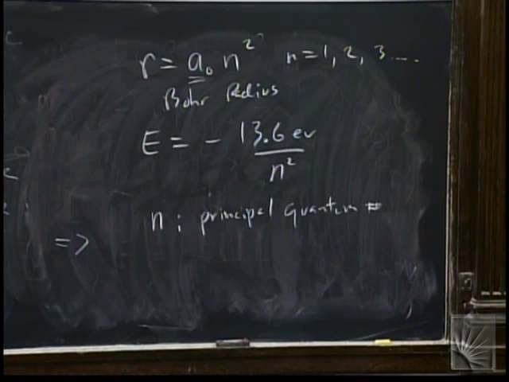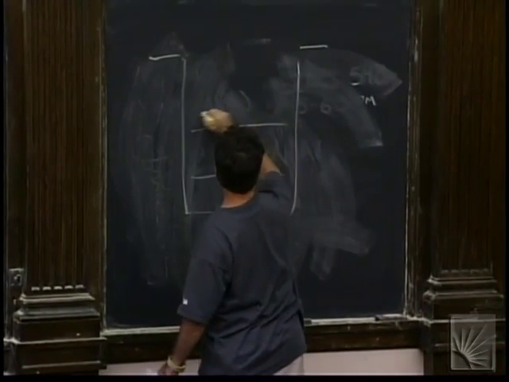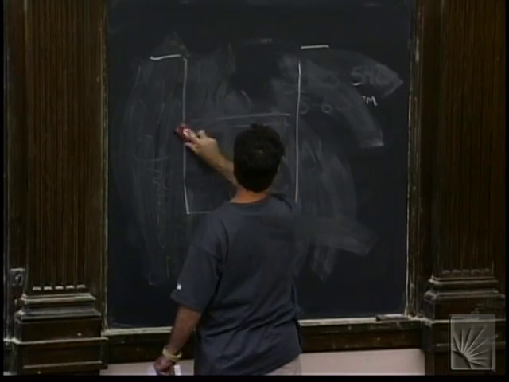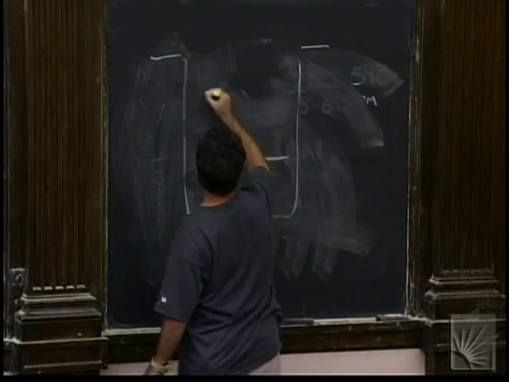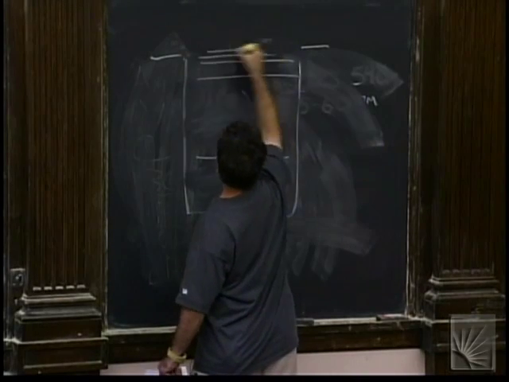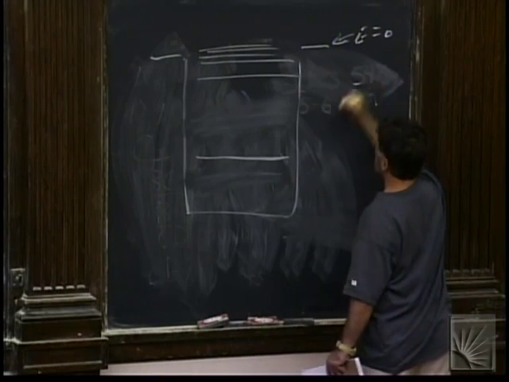And you look at basically the model. Let me try and draw this a little bit better. Here's the ground state, and then the next excited state might be up here, and then there's one here, and then they just start crowding up. So here we have E equals 0.